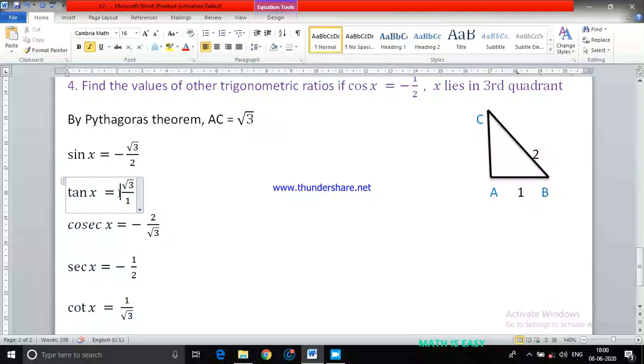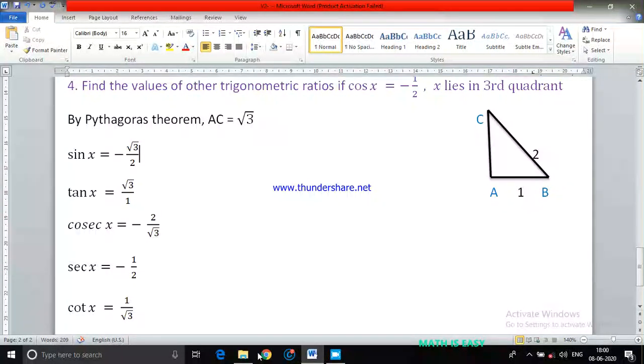Sec is also positive in the fourth quadrant and cot x will be negative in the fourth quadrant. So depending on which quadrant they mention in the question, the corresponding values will be positive and all others will be negative.